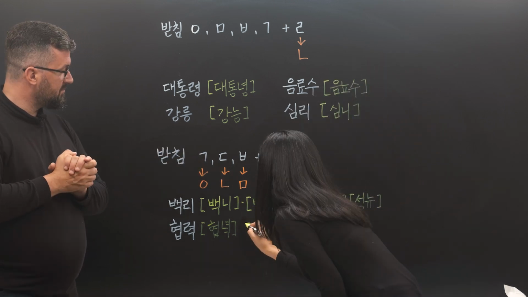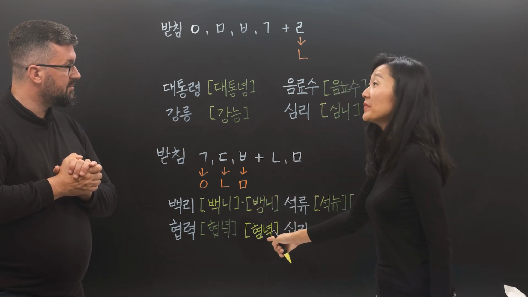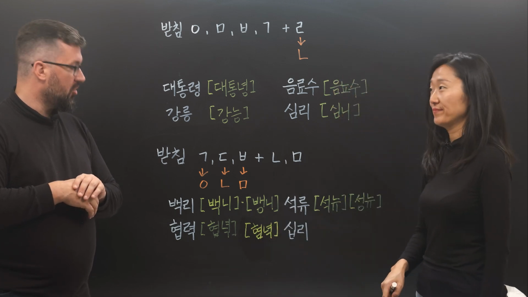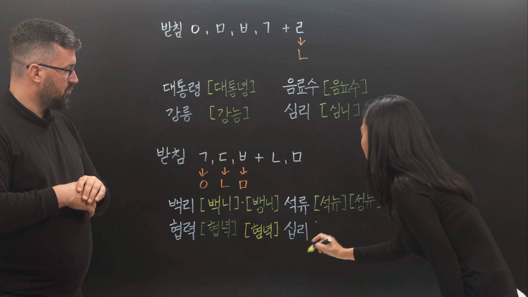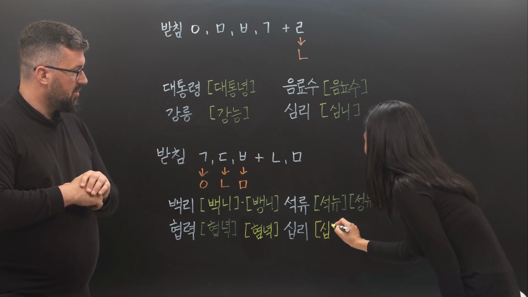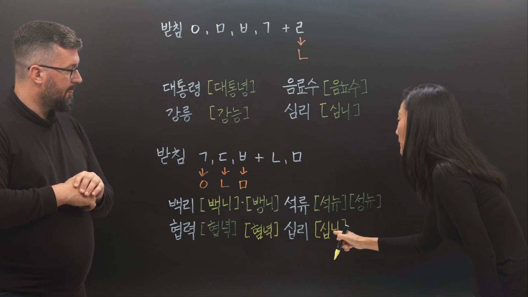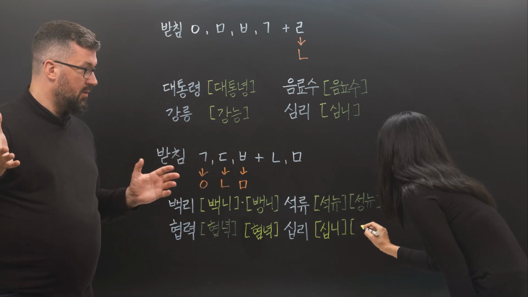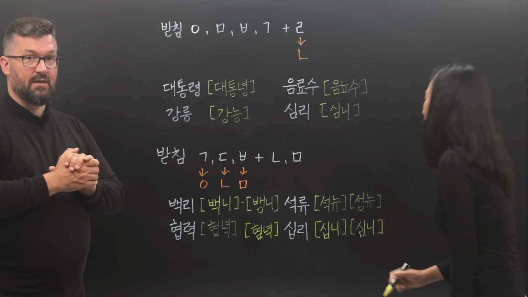So 협력. And this one also the same. First, 쉽니. And then, because of n, b meets n. Becomes m. So 심니.